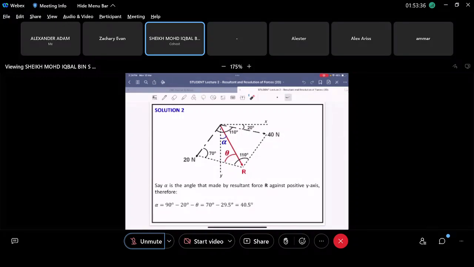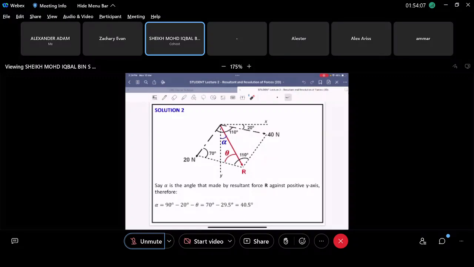Because if you still remember your trigonometry, this is actually a Z, right? This is a Z. So theta here will be equal to theta here. So it's the same thing. So that's why 90 minus this one minus theta, which is this one, right? Then you get your alpha, which is 40.5 degree, right?